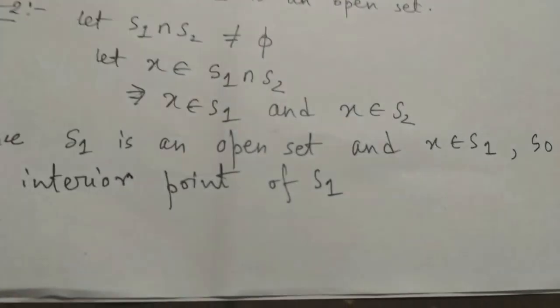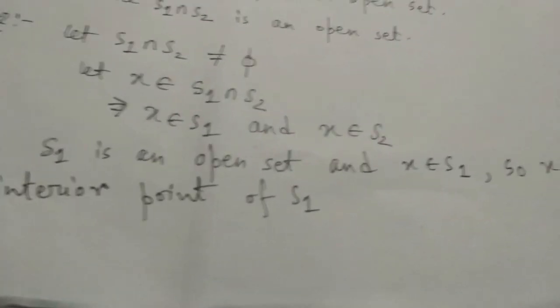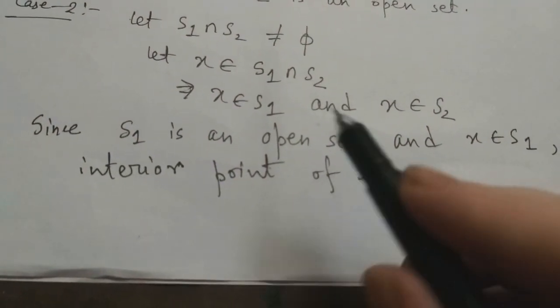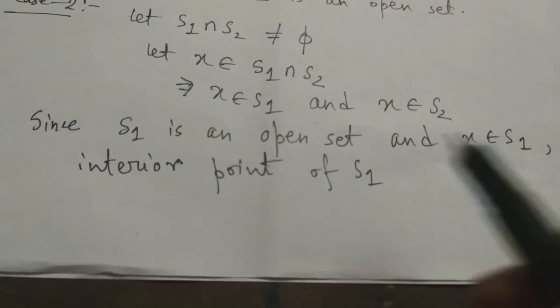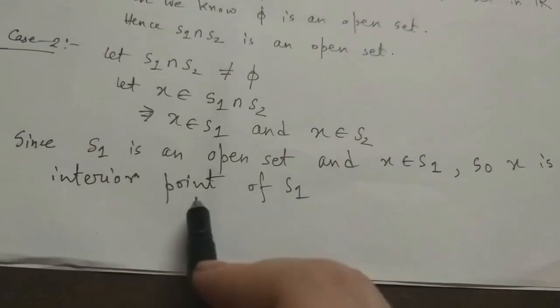What is the definition of open set? A set S is said to be open if every point of S is its interior point. Now, S1 is an open set and x is a point of S1, so x must be an interior point of S1.